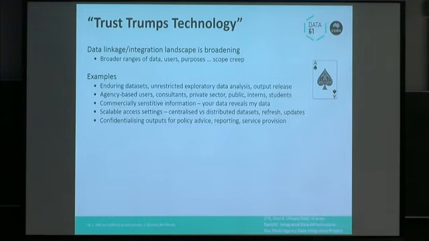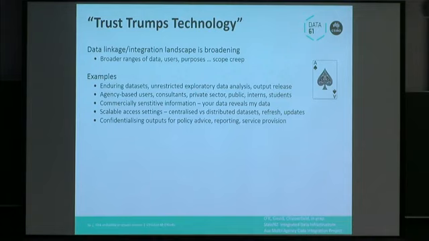So here are some examples of the challenges coming from this broadening. I think a really interesting one is this enduring data set. I was trying to dig in on this in the last couple of days. Are we linking to keep as an enduring data set, or are we bringing together and destroying? So you want unrestricted exploratory data analysis. People often don't know what they want from the data before they start.